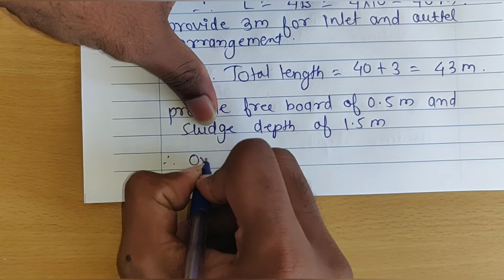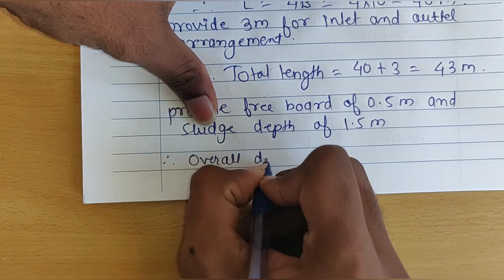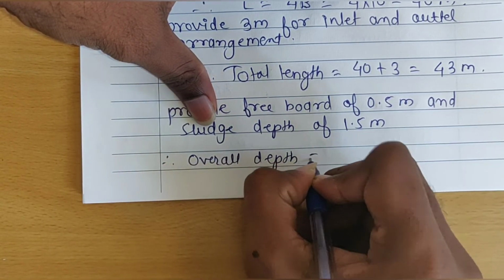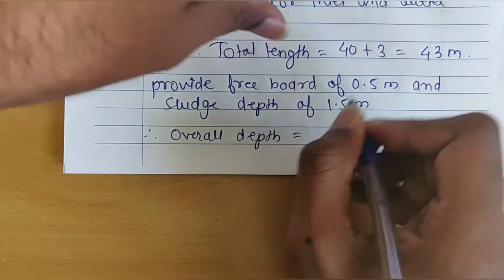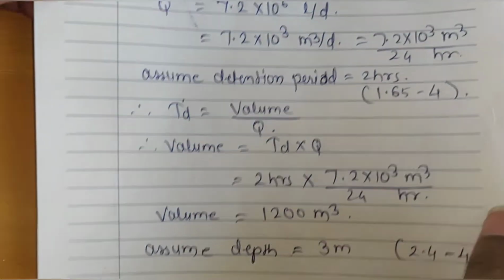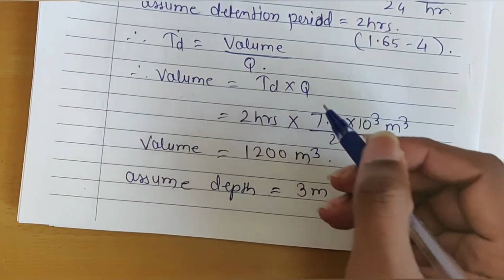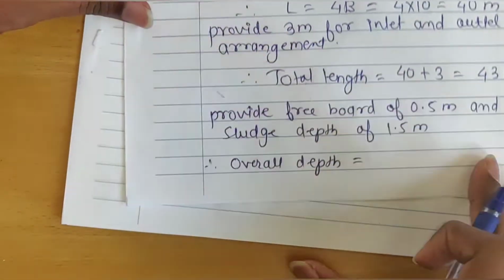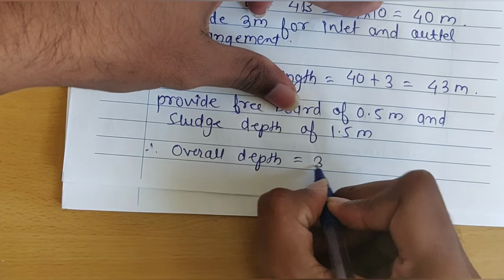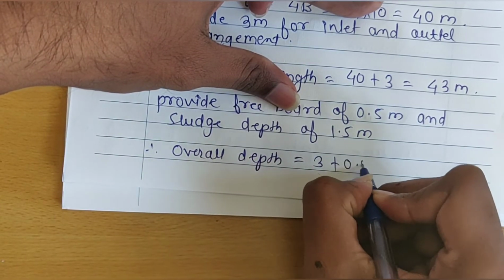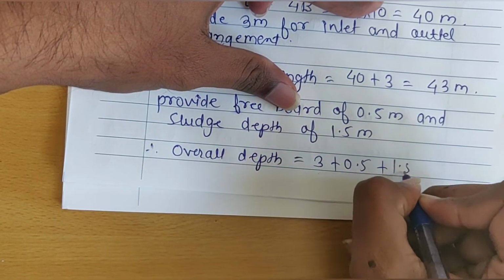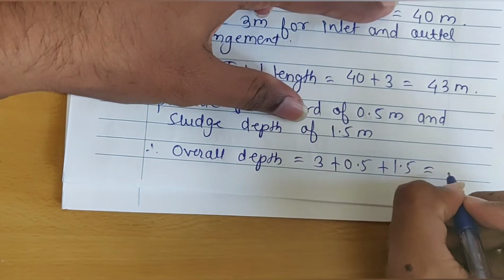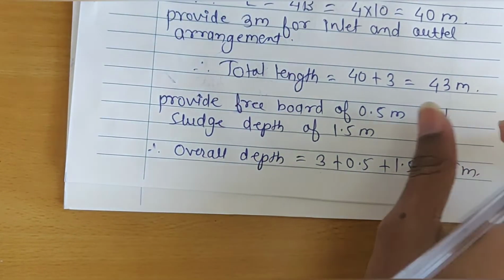Therefore overall depth is equal to, here we have assumed the depth is 3 meter, so 3 plus freeboard of 0.5 plus sludge depth of 1.5, therefore the overall depth is 5 meter.